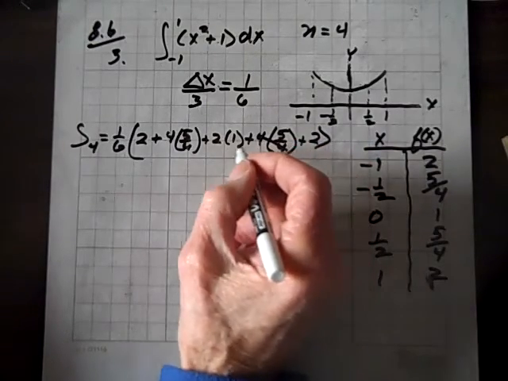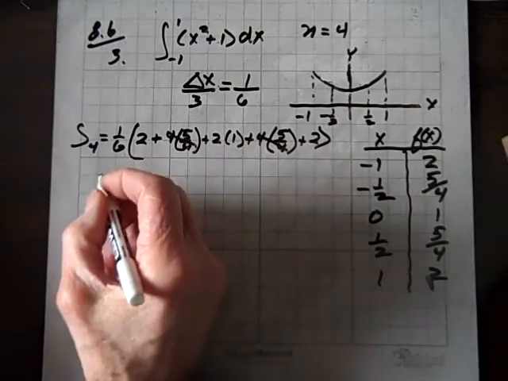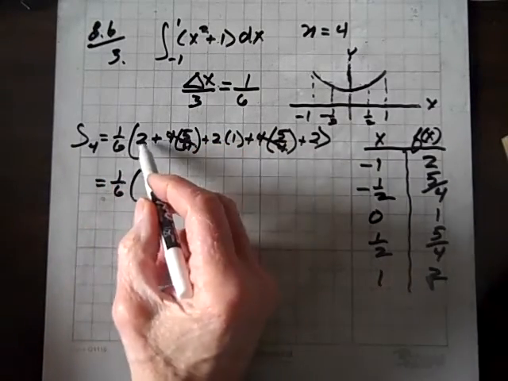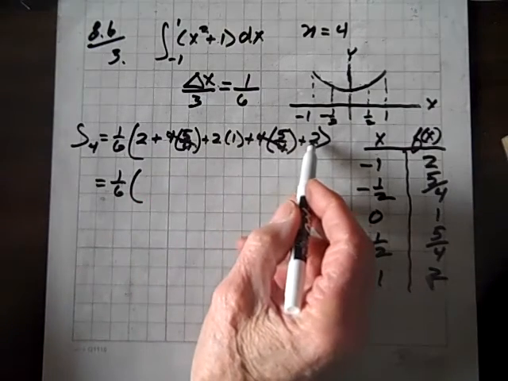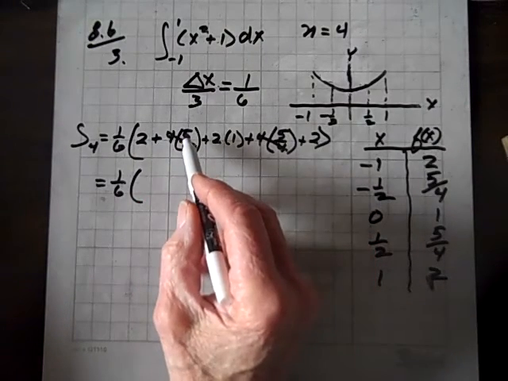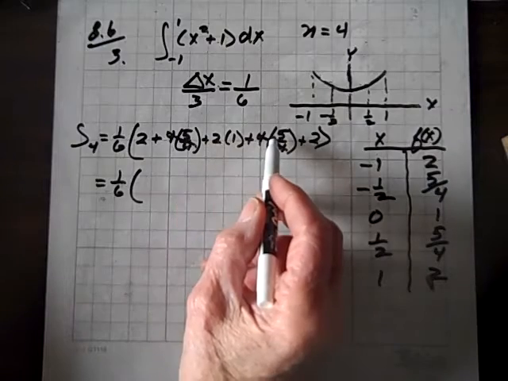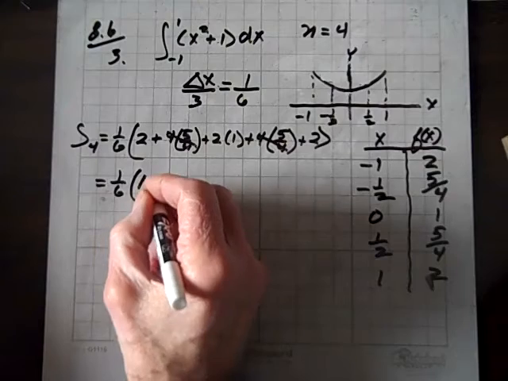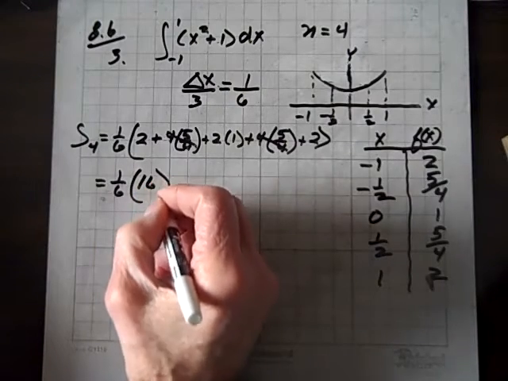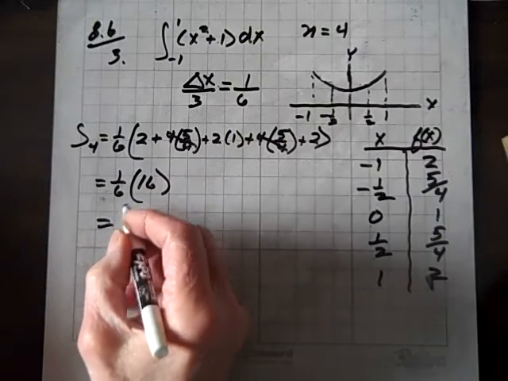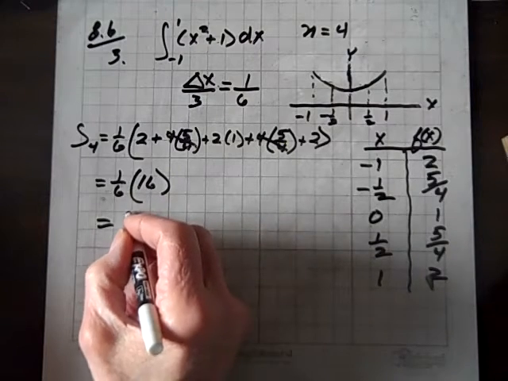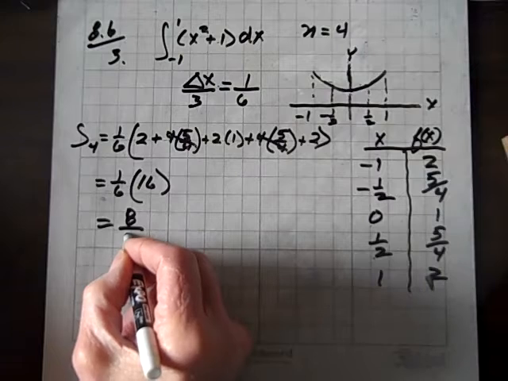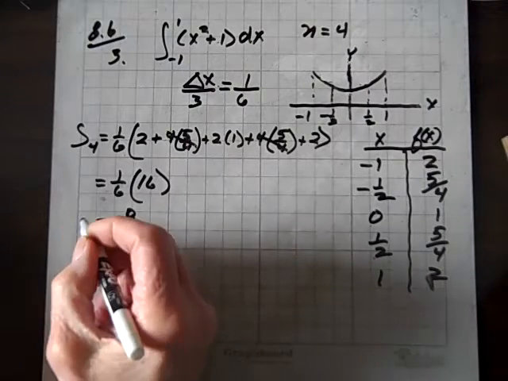And here the 4's divide out and the 4's divide out. So we get 1/6 times, and 2 plus 2 plus 2 is 6, and 5 plus 5 is 10, so 6 and 10 is 16. And when we simplify that, 2 goes into 16 8 times, and 2 goes into 6 3 times, and we get 8/3.